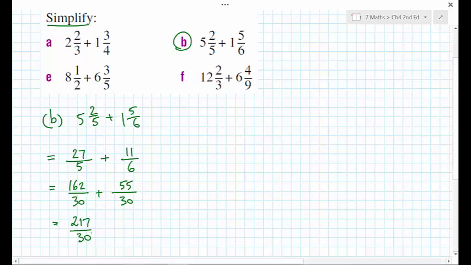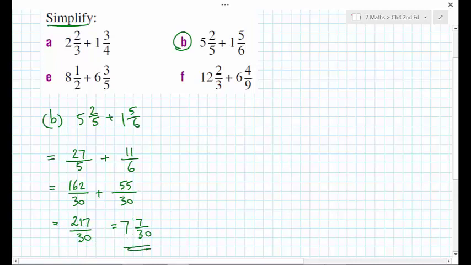So 30 goes into 217 7 times. If I make that equal to 7 and something, I know that 7 times 30 is 210, which means there'd be 7 left over. So I'd be left with 7 out of 30 at the end there. That's one way of doing this.